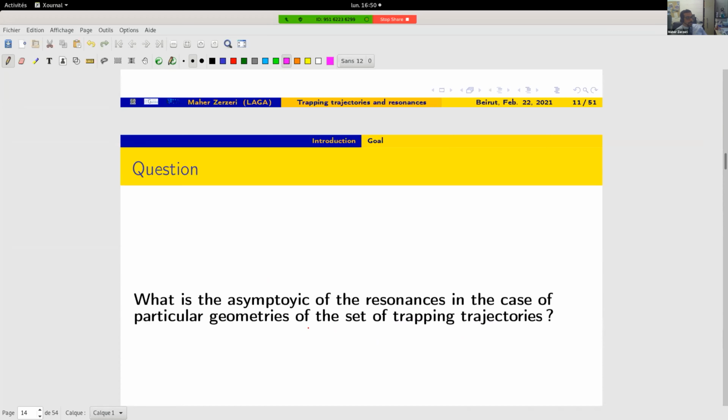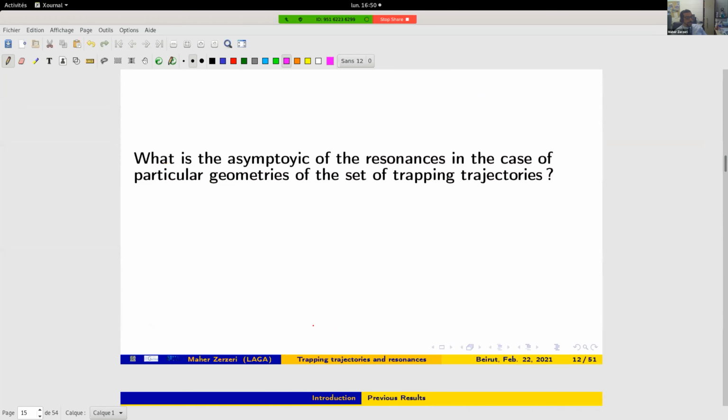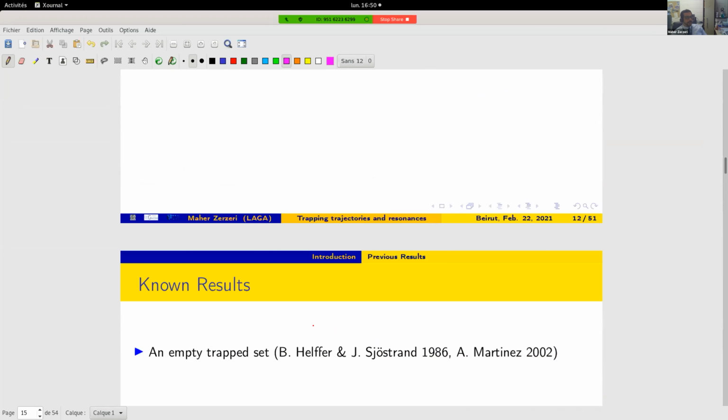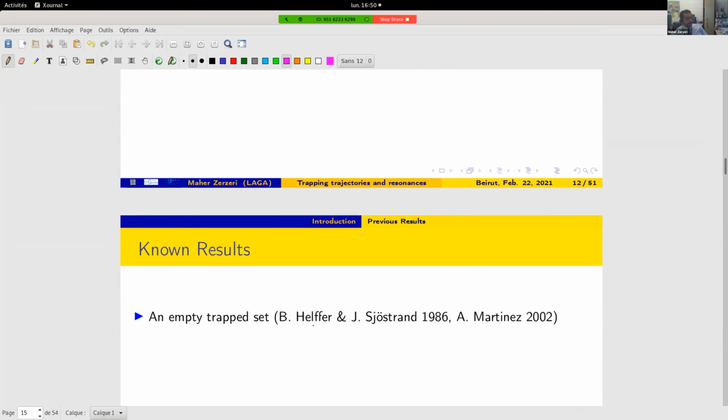So maybe I explain some well-known results, and to focus afterwards on the very important thing that, having some geometry, it's not easy to understand the distribution of the resonances, and it's not usually a lattice or on some line and so on. This is my goal here.